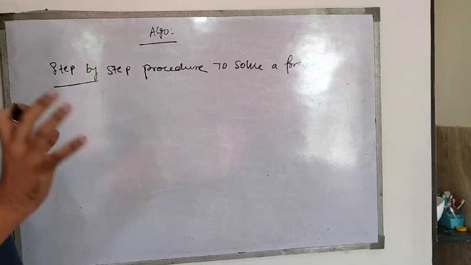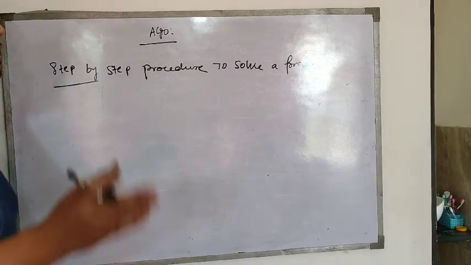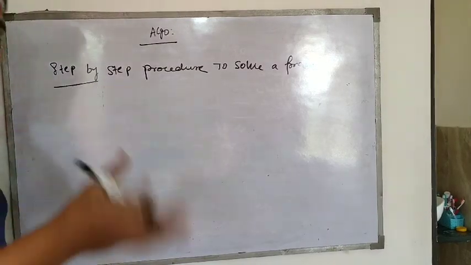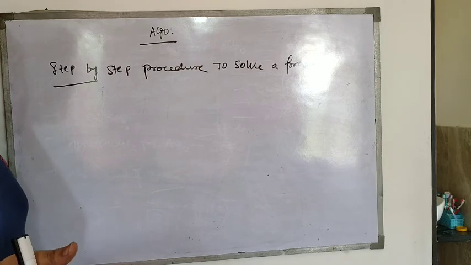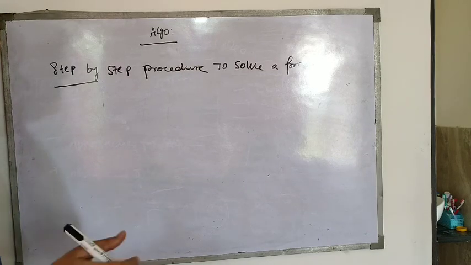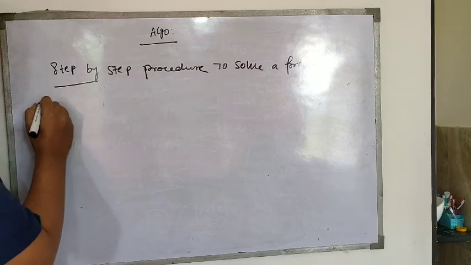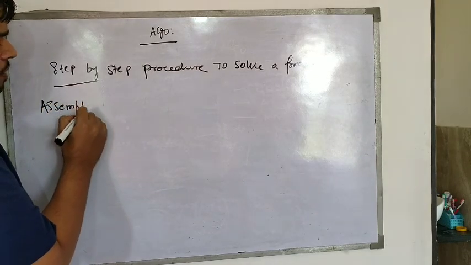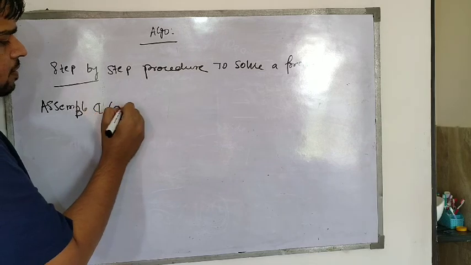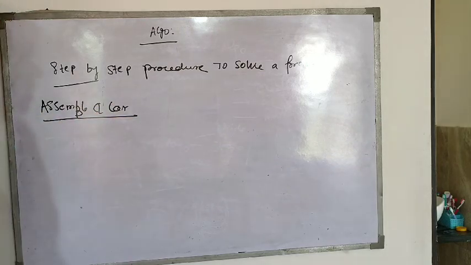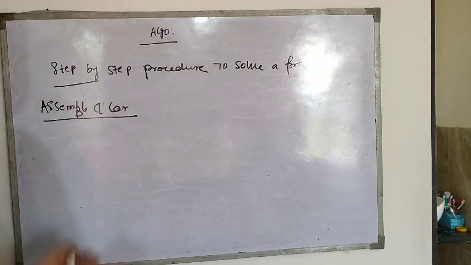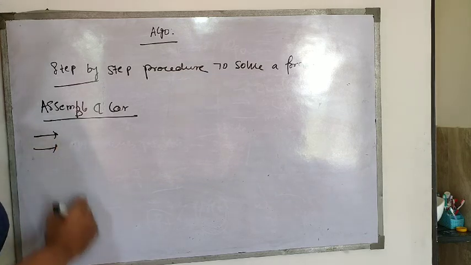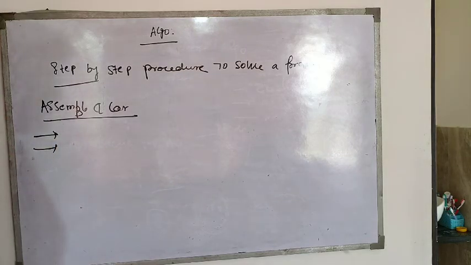To solve a similar kind of problem, different people can have different approaches. Okay, so let's say you want to assemble a car. Now if you ask two people to assemble a car, they can have different approaches.